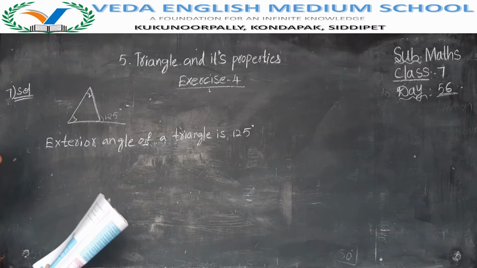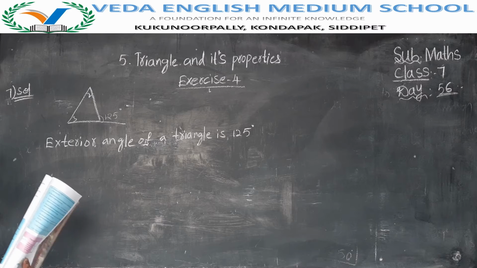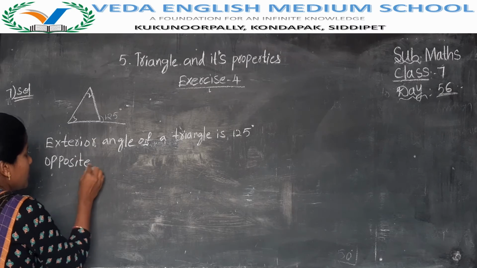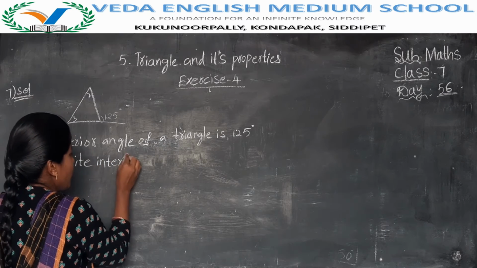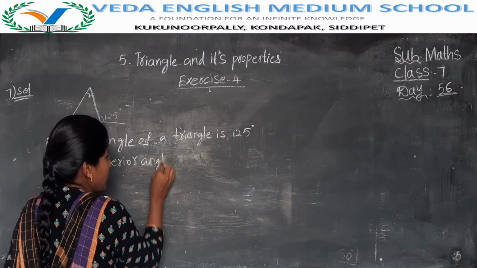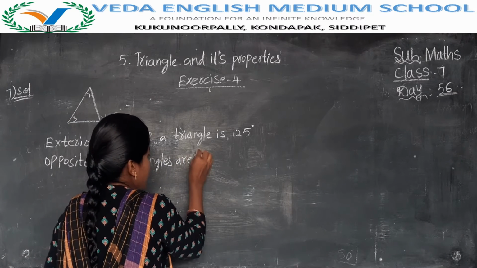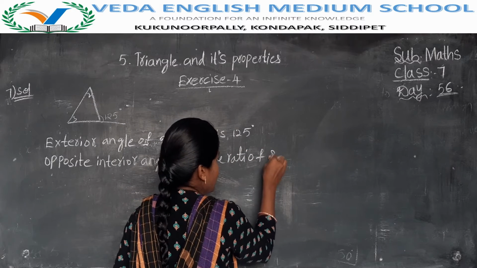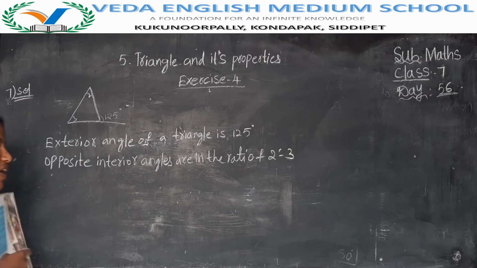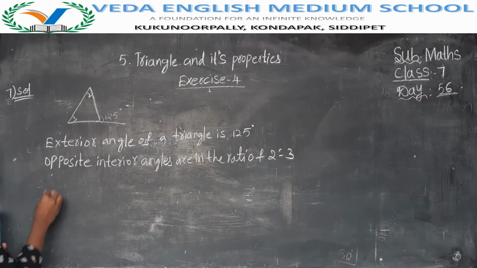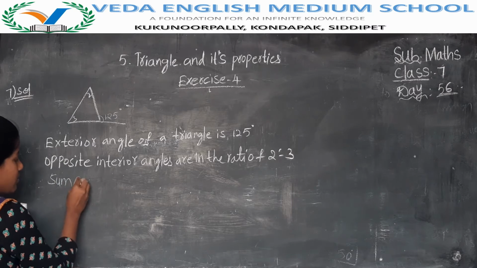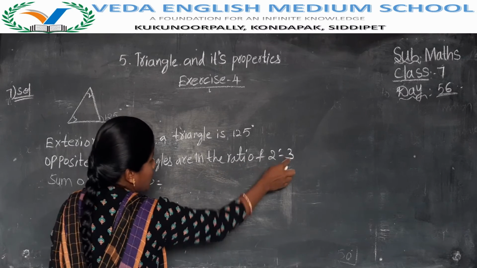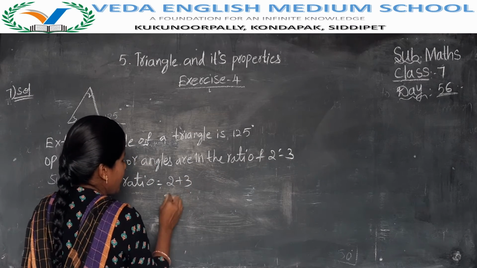Then opposite interior angles are in the ratio of 2:3. Then we have to find both these two angles. Then find the sum of the ratio. Sum of the ratio is 2:3 means 2 plus 3. 2 plus 3 gives 5.